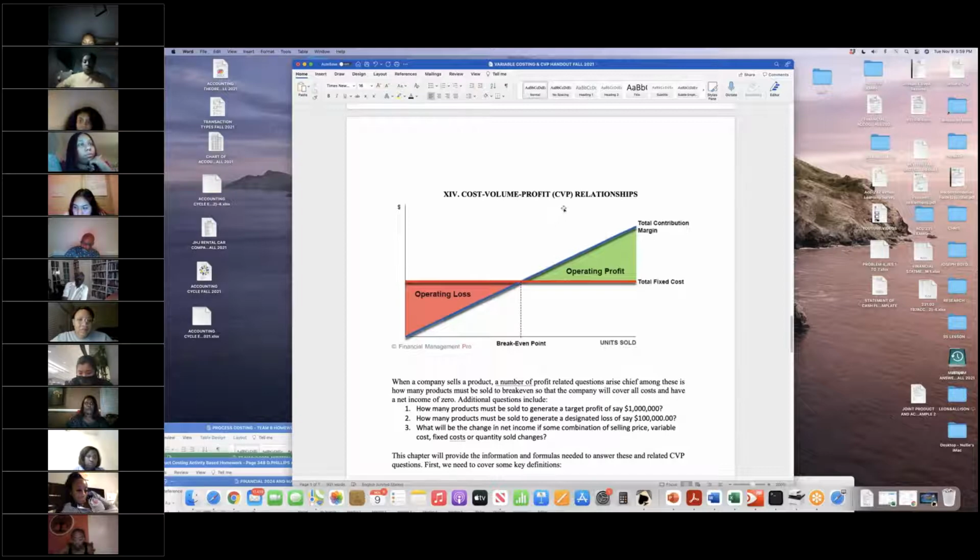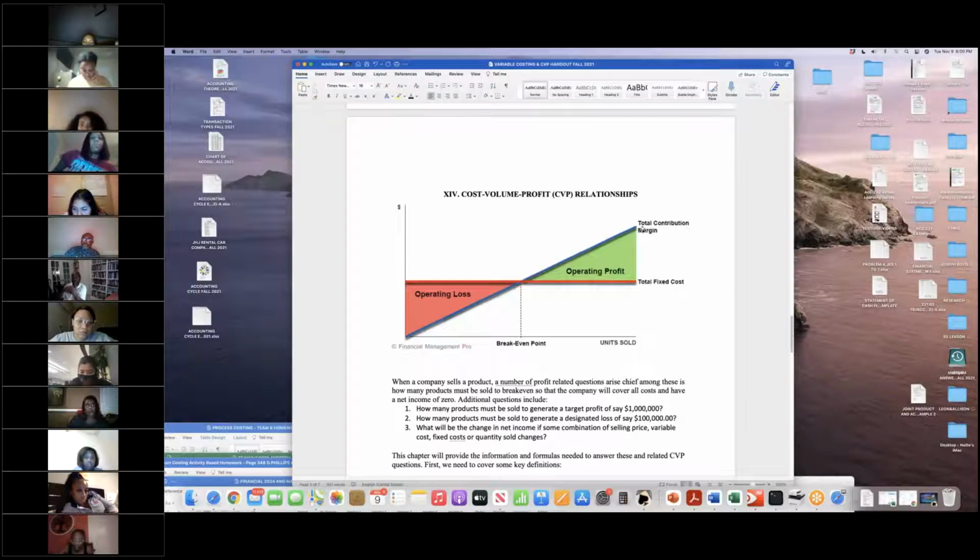So what we have are cost, volume, profit relationships. And what you will be calculating is the quantity that's required to be sold, first of all, to break even. What quantity would cause there not to be a loss or a profit? And then what quantity causes a certain loss, typically 100,000, and what quantity do we need to make $1 million?